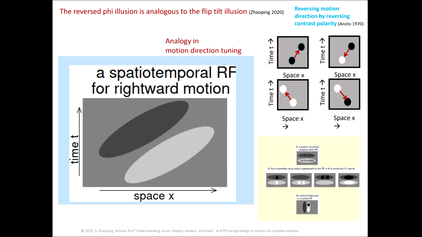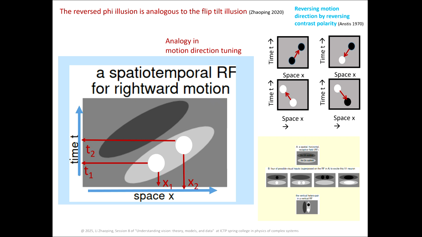An orientation in space can be extended to an orientation in space-time. This visual input at spatial location x1 and time t1, moving to a spatial location x2 at time t2, can activate a V1 neuron with this spatial temporal receptive field oriented in this way in space-time.